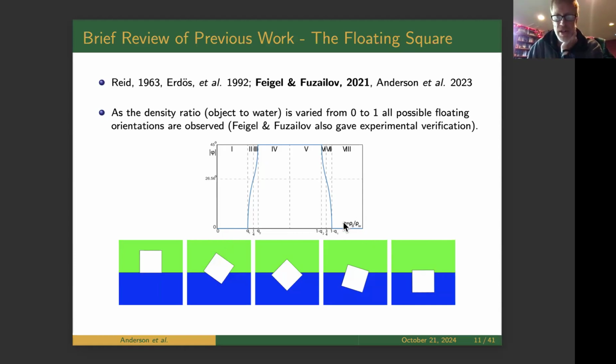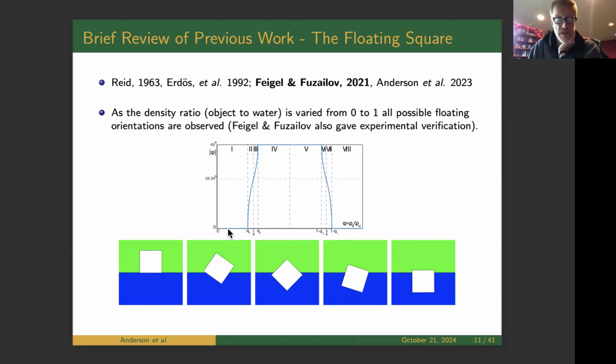The notation I'll use is a little bit different, so don't worry about the notation, but it's basically the object density to the fluid density. And then on the vertical is some representation of the orientation of the object. For the square, because of the symmetry, it goes from 0 to 45.